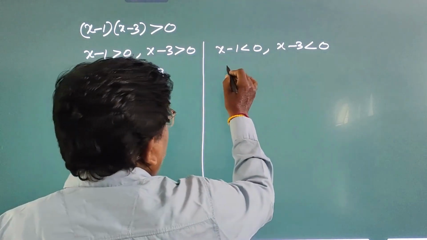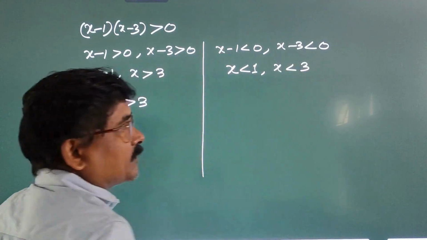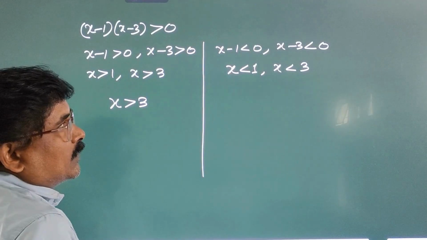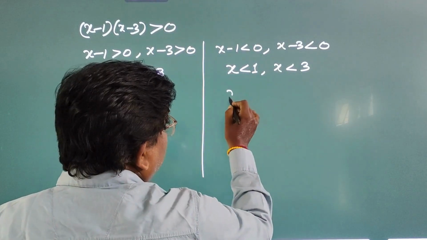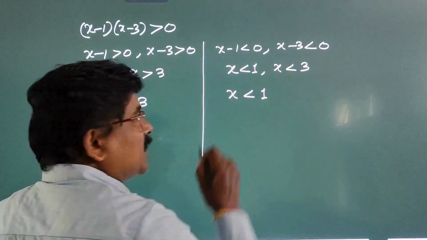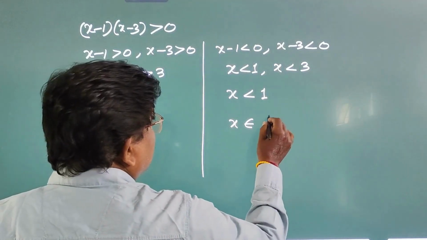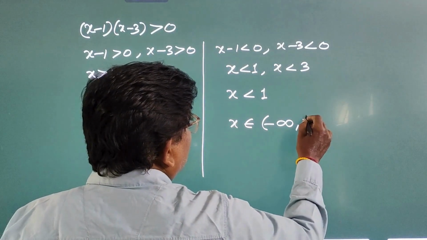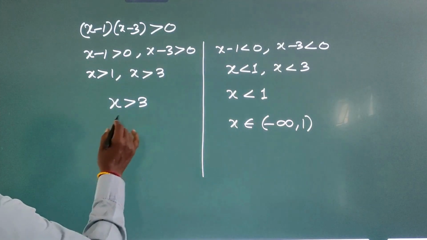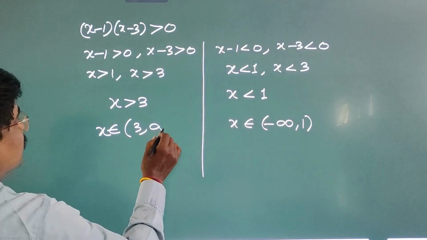Now take x less than 1, x less than 3. That means if we take x less than 1, automatically x is less than 3. Therefore, this can be written as x belongs to minus infinity to 1, open interval. And this can be written as x belongs to open interval 3 to infinity.